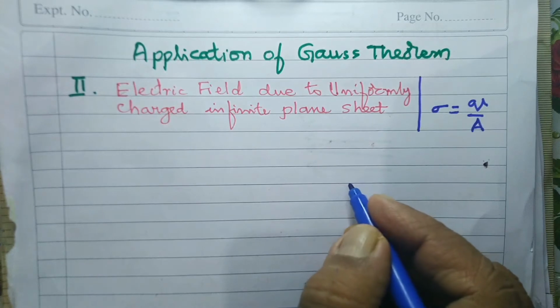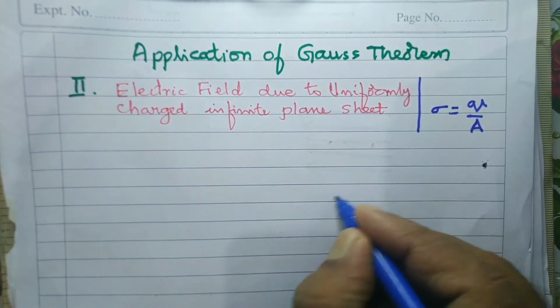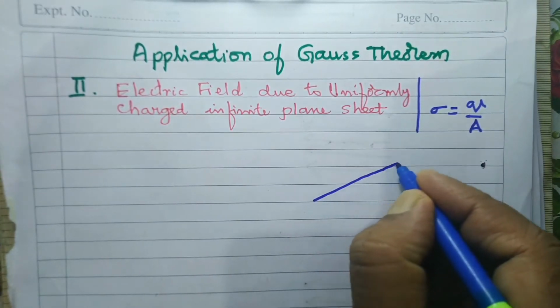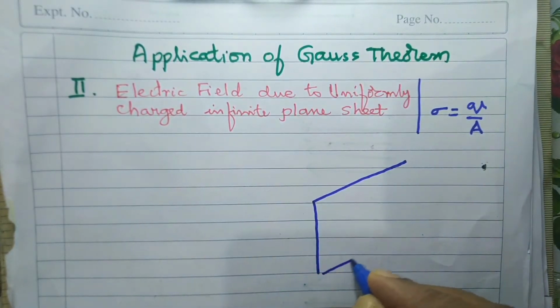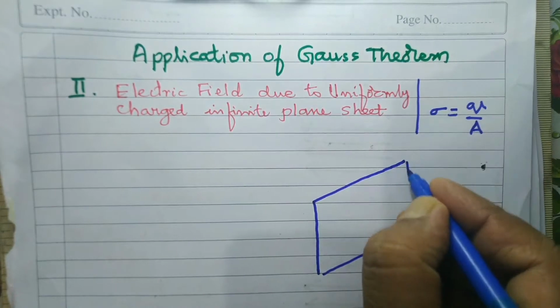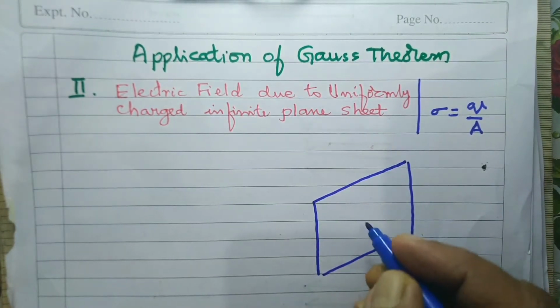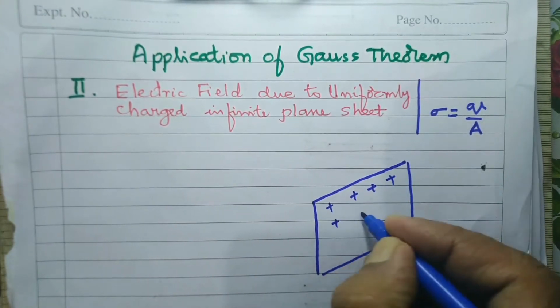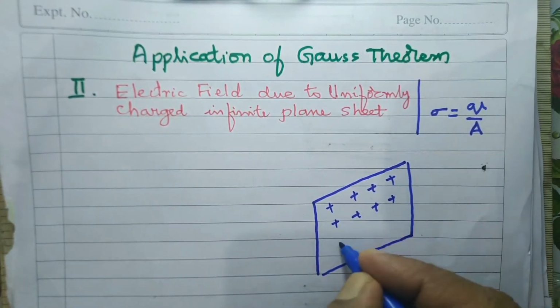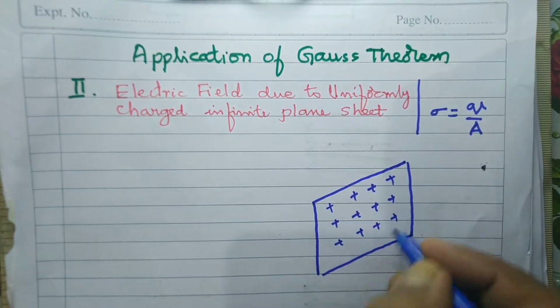Let us say here, the simple diagram, in a simple way I am explaining. This is the plane sheet of charge, which is having positive charge like this, both sides.